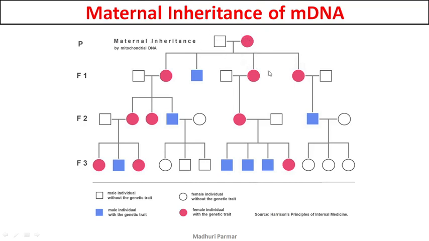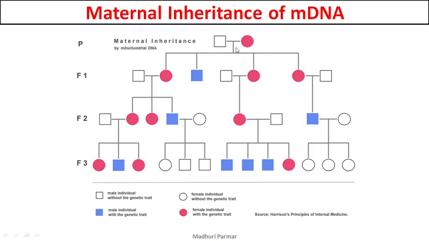Wherever you see a circle, that circle is the woman, and a square is a man. The filled circle means the lady who has some trait, let us say some defect in mitochondria. That defect in mitochondrial DNA is shown with filled colors. In case of ladies, it is shown with pink. In case of men, it is shown with blue.